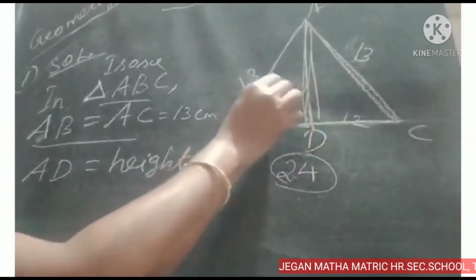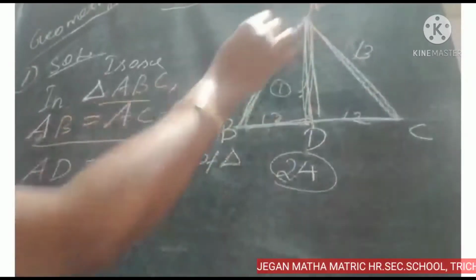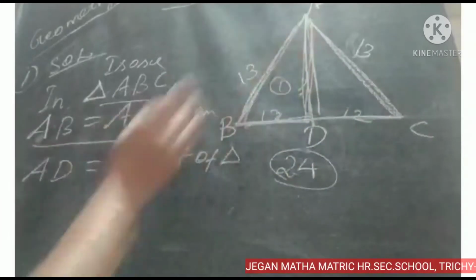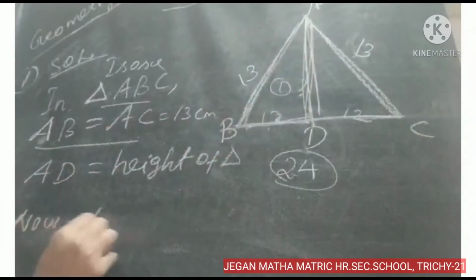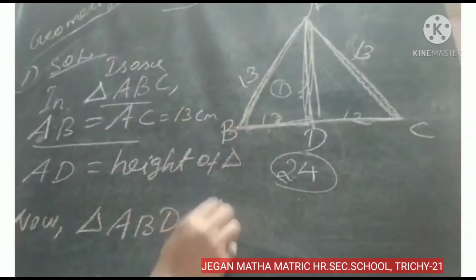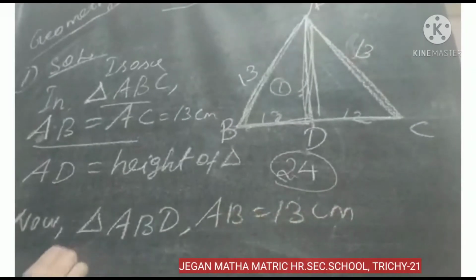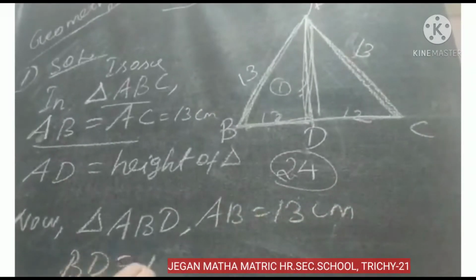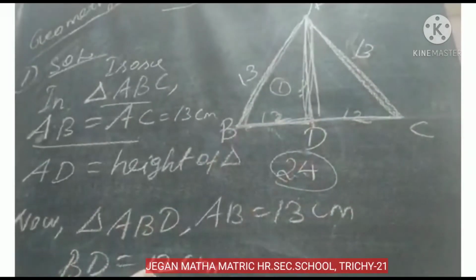So let us take this right angle triangle ABD only. Now AB equal to 13 centimeter, then BD equal to 12 centimeter, half of the 24.